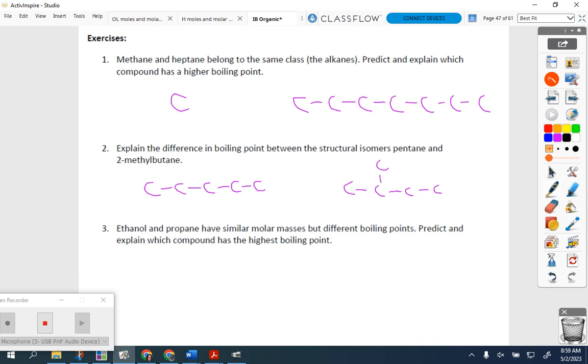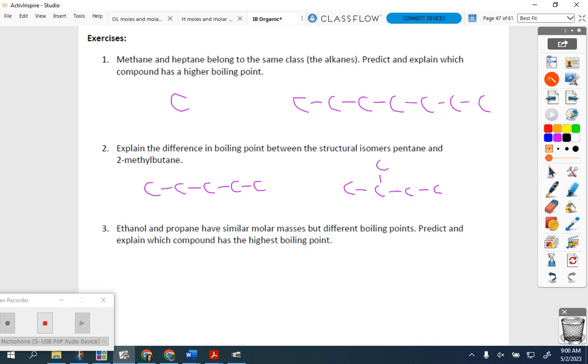They're different in branching and they're different in molar mass. And so they're not going to ask you to determine which one wins out. Okay, so generally speaking, if they're going to ask you to make comparisons, it's going to be between 2 molecules that only have one of these things that is different between them. So either it's going to be a bigger molecule, or it's going to be roughly the same size but more branches. Or we're going to have something like number 3.